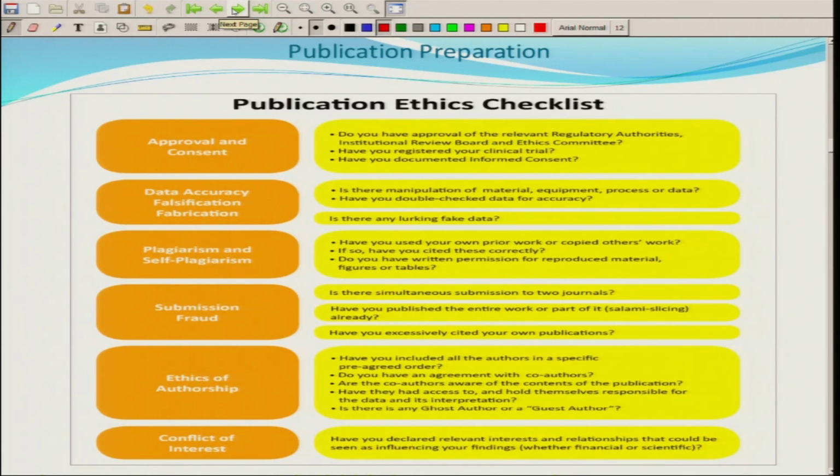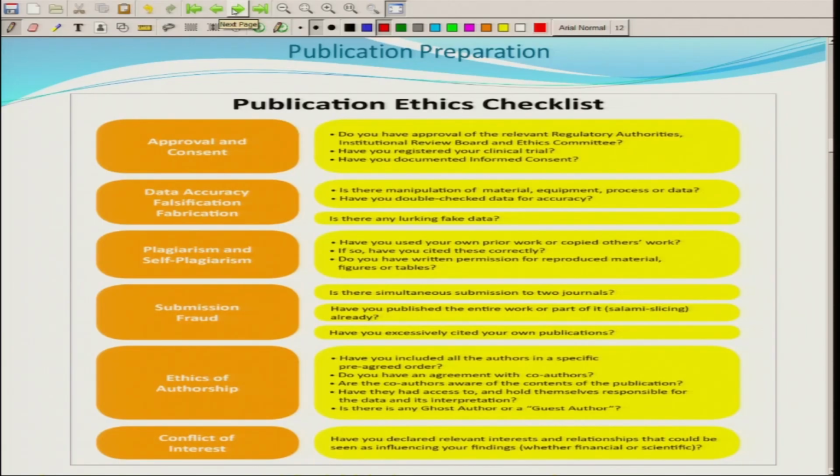Good journals always go through these kinds of checks and balances. So the author must ensure that the data is accurate and the study is not the result of any kind of unethical measures. You must check for plagiarism, you must check for self-plagiarism, and you must check for falsification and fabrication of data.